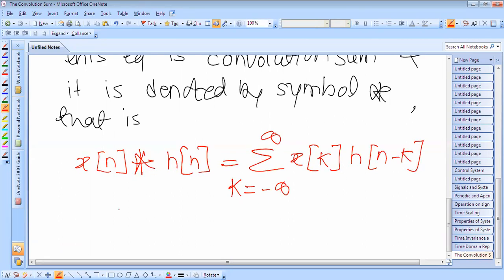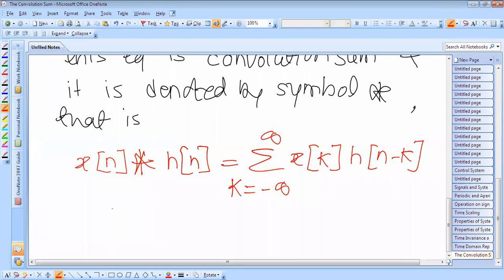For the convolution process, we will discuss one example: a linear time invariant system with impulse response h of n and input x of n. The input is decomposed as a sum of weighted and time shifted input impulses, with k as the input component.